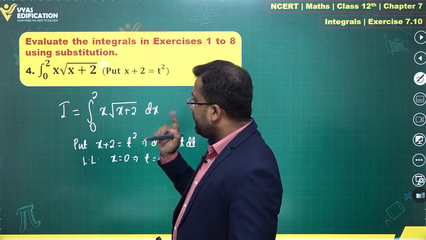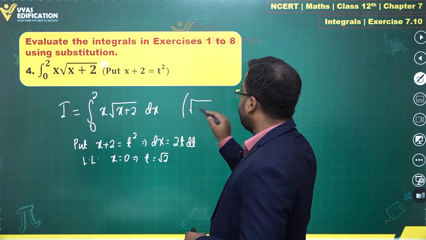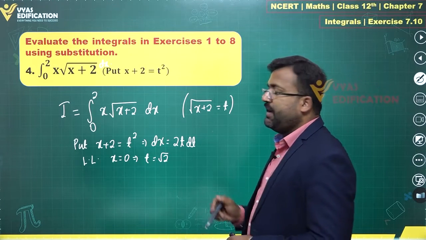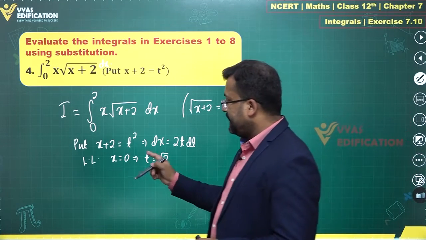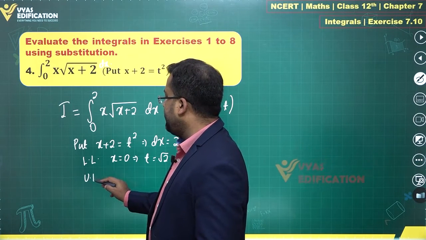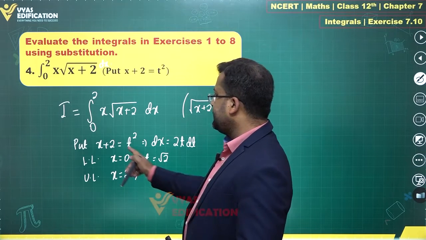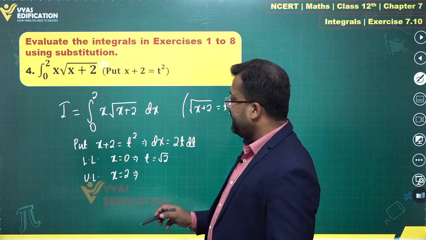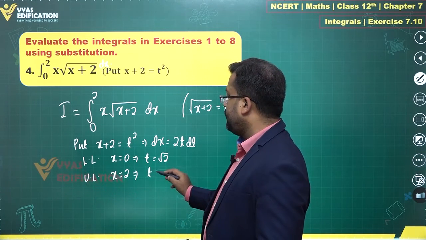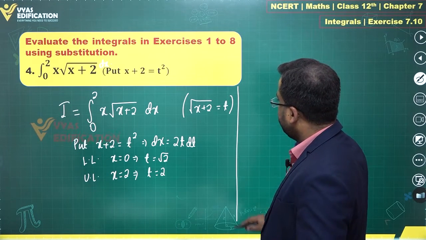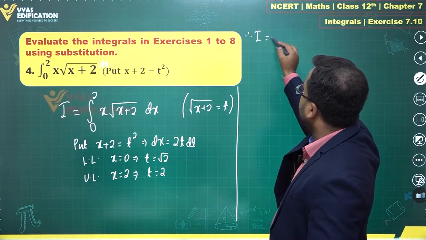You can see that the actual substitution that we have made is replacing that x plus 2 by t. So upper limit tells me x equal 2, and that tells me, okay, t square equals 4, t will be 2. This is what you'll be getting, yes. And therefore I will be equal to what?